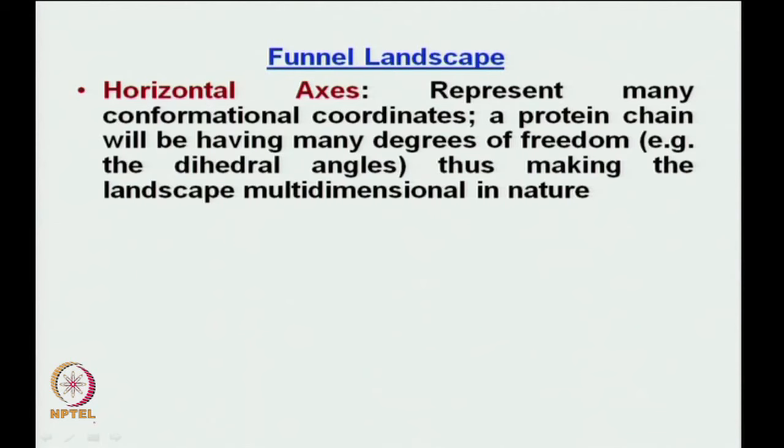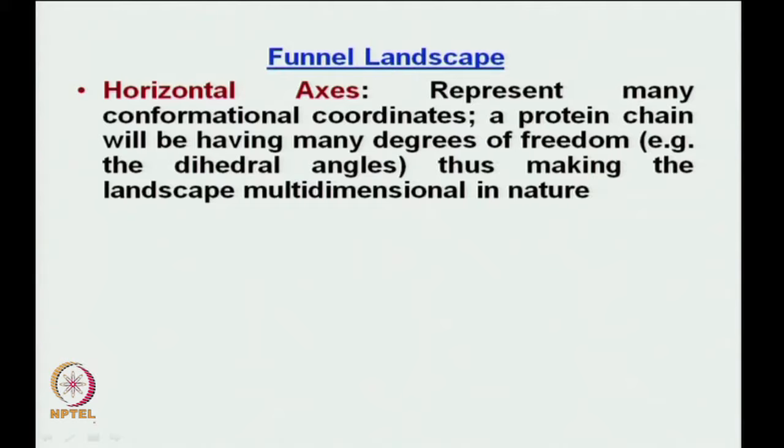A protein chain will be having many degrees of freedom, right? Example, the dihedral angles. In the dihedral angles you have many angles, thus making the landscape multidimensional in nature. Now do you understand this point? When you are talking about the x axis now, you are not talking about just one coordinate, you are not talking about one dihedral angle, you are talking about what? Each and every residue would be having their respective dihedral angle.